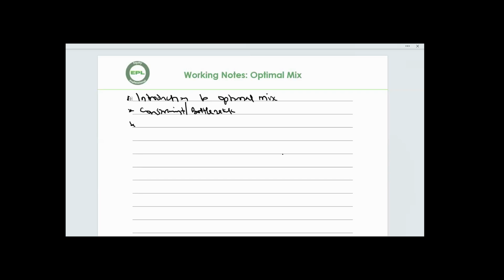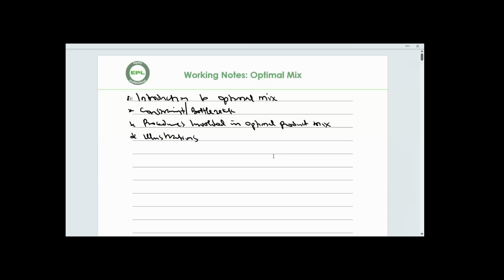We'll talk about, of course, procedures involved in optimal product mix. Then we are going to have illustrations. So let's pick it one after the other.